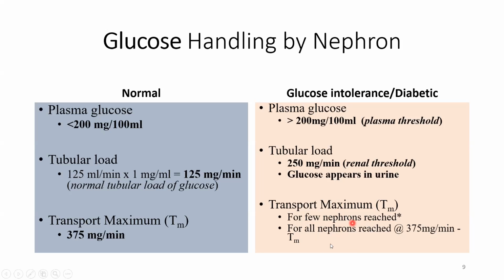Why we have differentiated between some nephrons and the others will come in when we look at the graph. For now, just remember that there are differences in the size of nephrons, the size of the PCT, and hence the number of transport proteins in the larger nephrons as compared to the smaller nephrons. So above 375 milligram per minute, all types of PCTs of all types of nephrons are overwhelmed.